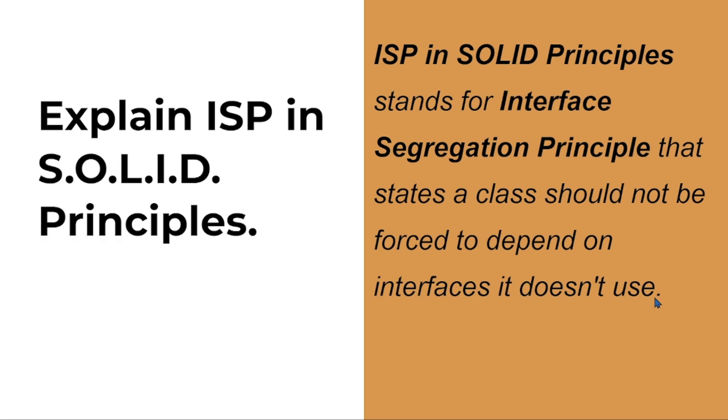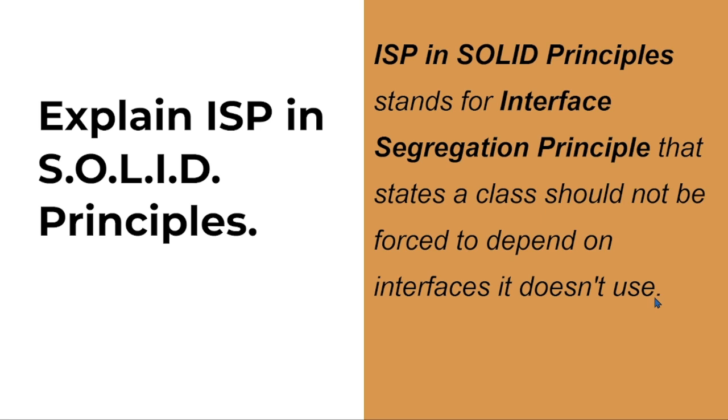Right? So for an example, let's say we have an interface IShape, and in this interface we are providing three functions: void Draw, double CalculateArea, and double CalculatePerimeter.